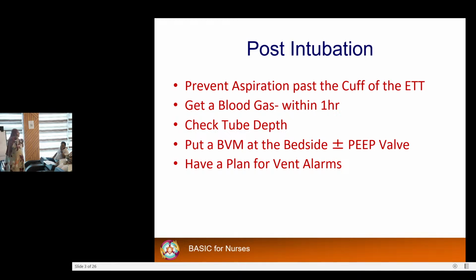Alarm for pressure. Peak pressure, high and low. What else? Tidal volume. If disconnection occurs, tidal volume low and tidal volume high. What else? Respiratory rate, apnea. Those are important alarms that should be in place.